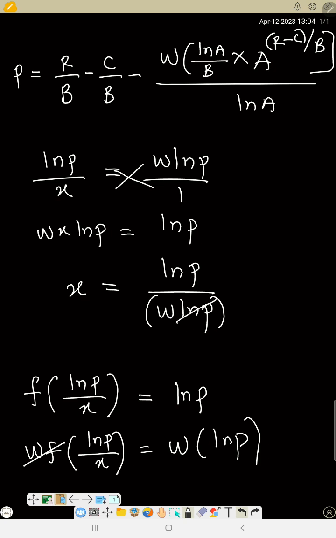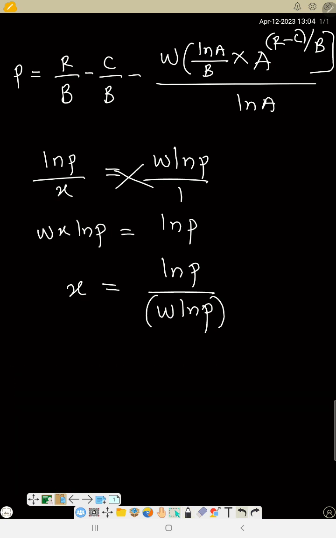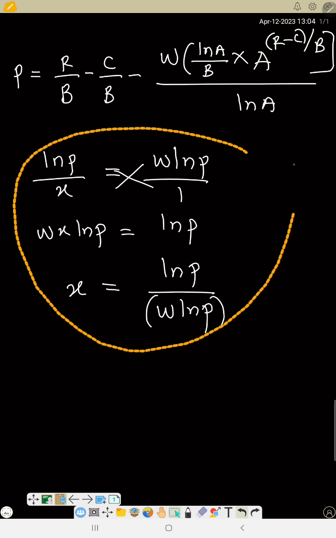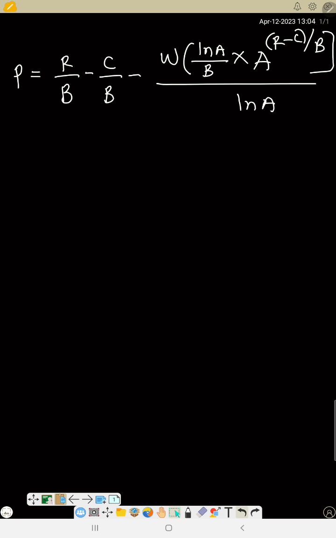Note that this W ln P is inside, so it cannot cancel out. You can't cancel it out. So that means we have known our S now: ln P over W ln P. So S is equal to ln P divided by W ln P, if I write it this way.